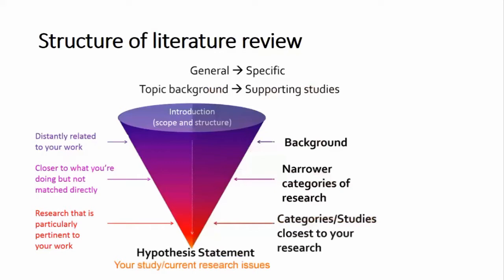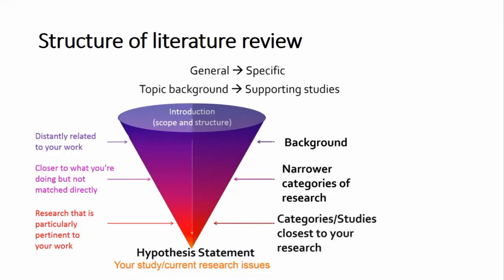And then if you look at the structure of any literature review, it always follows this funnel approach. The structure of the review that you carry out has to be done from general to specific. So it has to be very much using this approach.